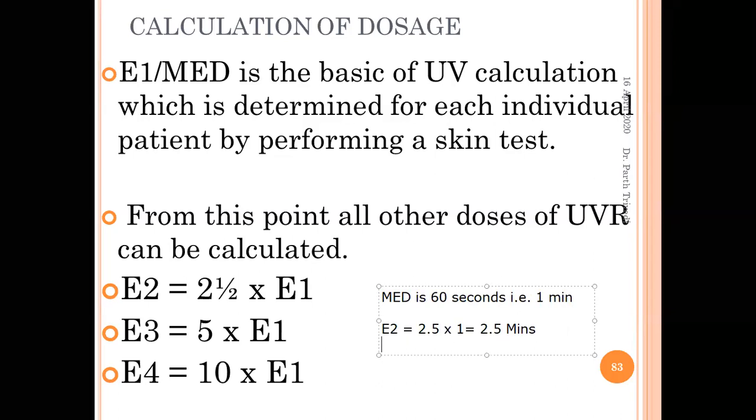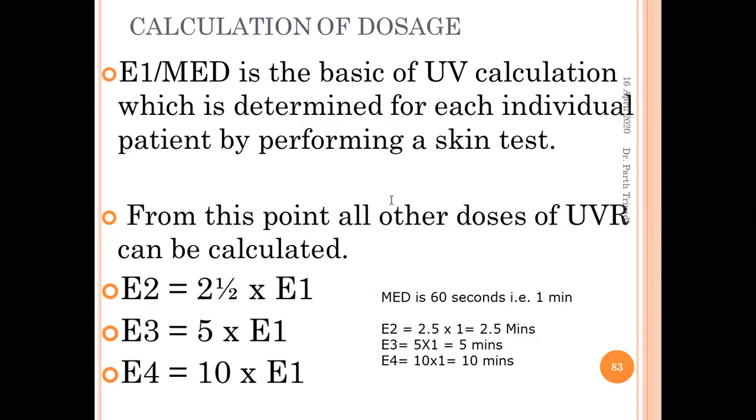E3 is equal to 5 into 1, which is equal to 5 minutes, and E4 is equal to 10 into 1, which is equal to 10 minutes. Okay, so this is what minimal erythemal dosage is.